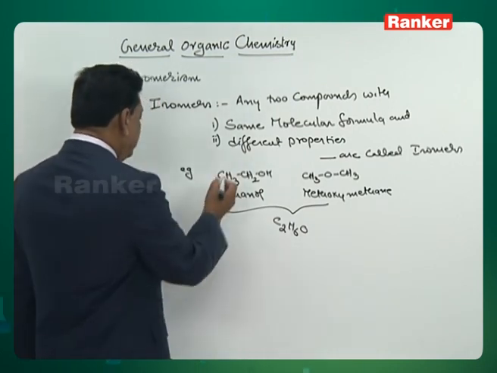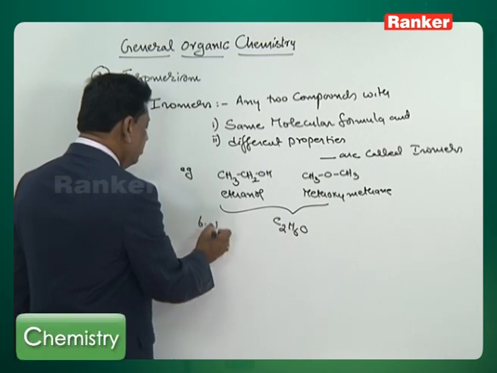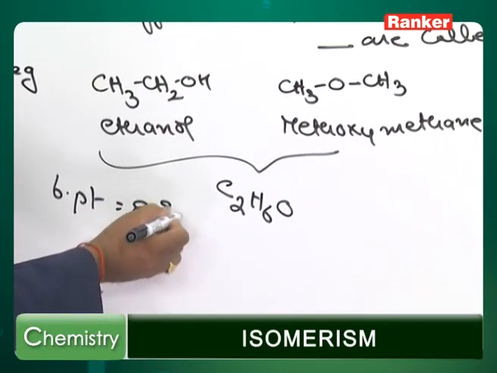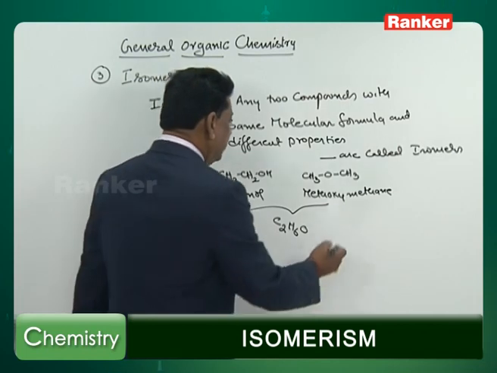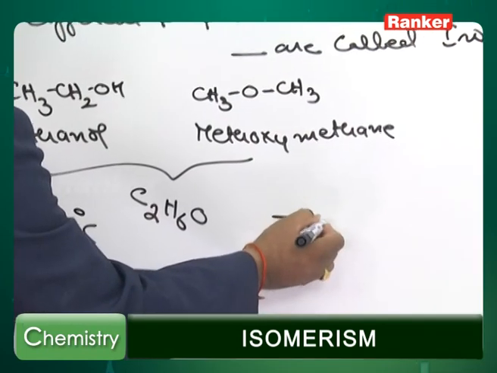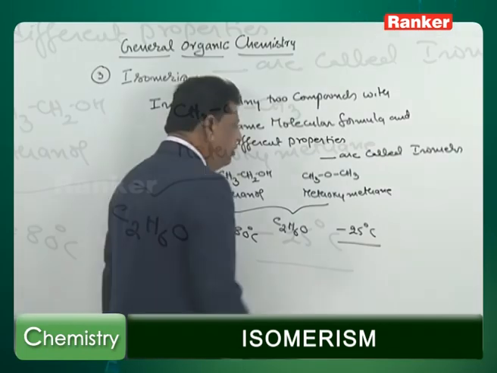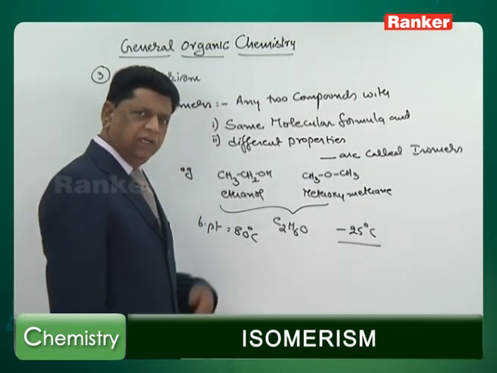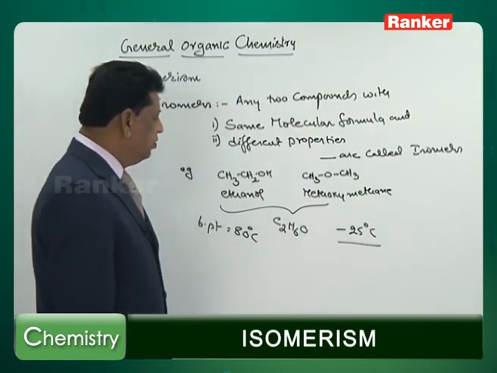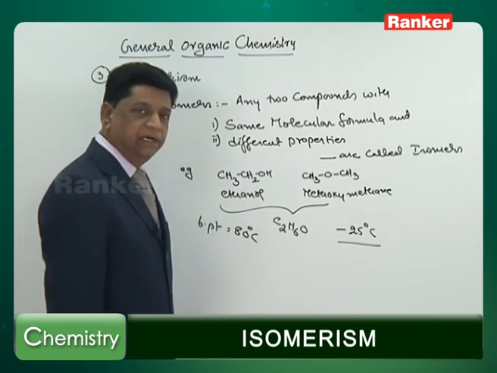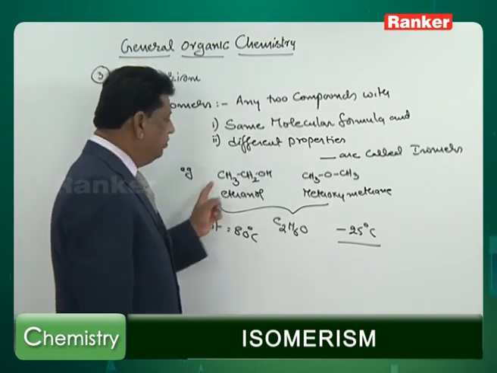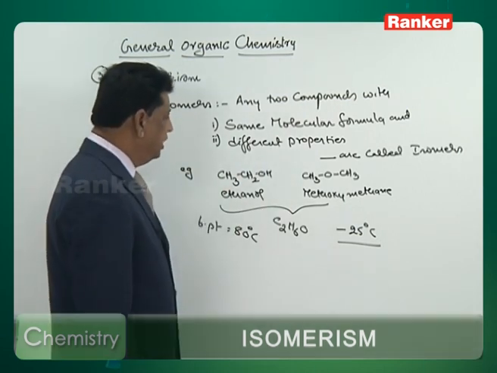For example, ethanol has boiling point around 80 degrees centigrade, whereas dimethyl ether will have around minus 25 degrees or so. Very low boiling point. At 0 degrees also it is gas. At room temperature it is gas, isn't it? So there is a lot of difference between these two compounds.